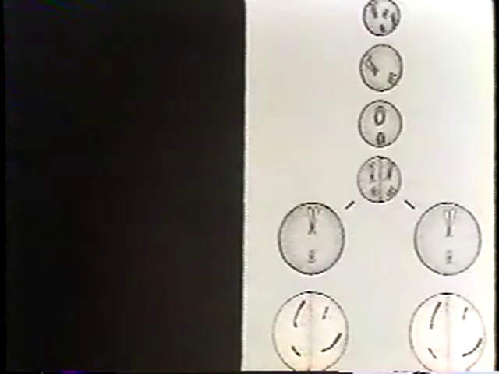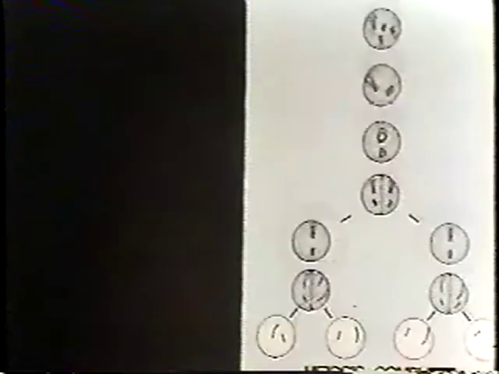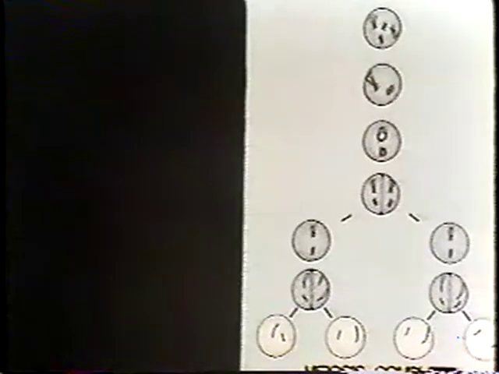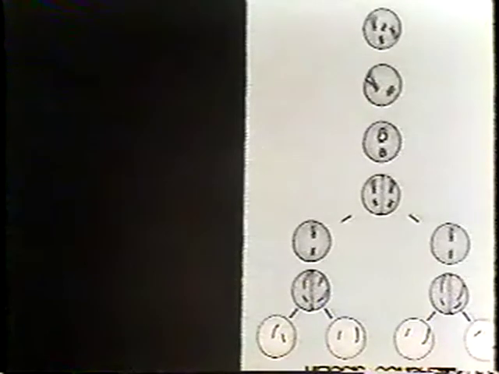The centromeres then split and the chromosomes move to opposite sides of the cell. Each chromosome now has only one DNA molecule. Each of the 4 cells formed has half the number of chromosomes and half the amount of DNA as did the original cell.